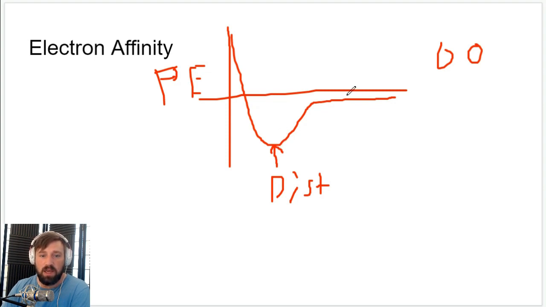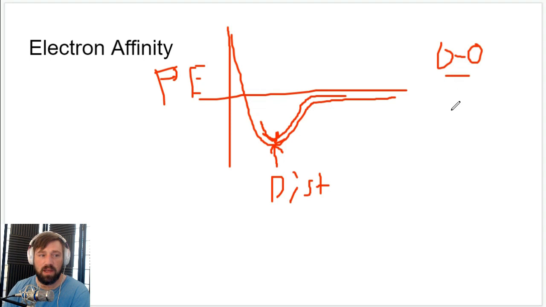So as the atoms move close together, they're going to be attracted to one another, and then if they get too close, they're going to be repelling each other. And this is going to be the kind of sweet spot where there's a distance between two atoms that is a certain distance, and this is going to be your bond length.